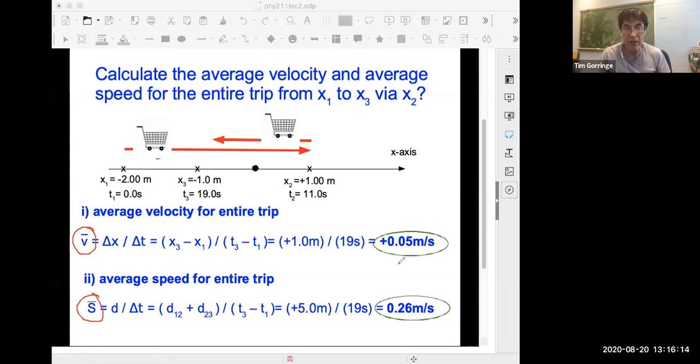And that's not surprising because the velocity and the speed are tied to the displacement and the distance respectively. And so a lesson here is that whilst in everyday language I think of displacement and distance as the same kind of thing, and speed and velocity as the same kind of thing, in physics problem solving we've got to be careful about this distinction between speed and velocity, between distance and displacement.